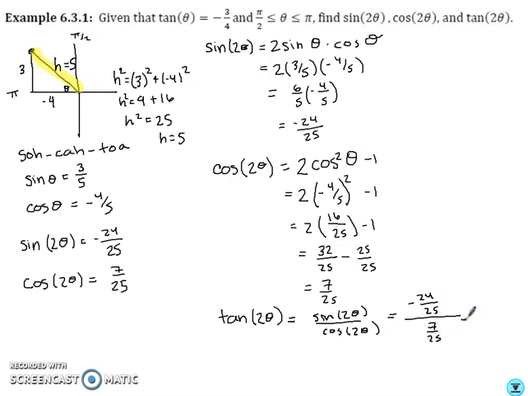So just like before, I'm going to take my numerator and multiply by the reciprocal of the denominator, so that would be 25 over 7. And now I can reduce the numerator and denominator and multiply my 2 fractions to have negative 24 over 7, which does not reduce. So tangent of 2 theta is negative 24 over 7.